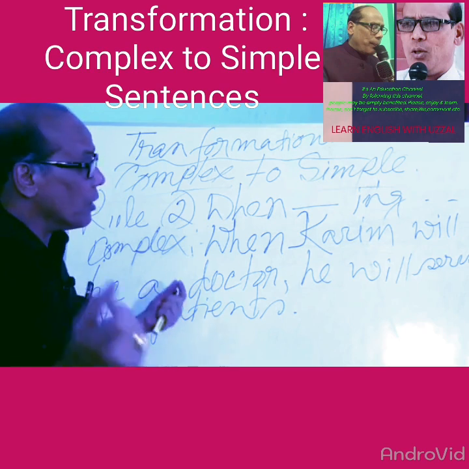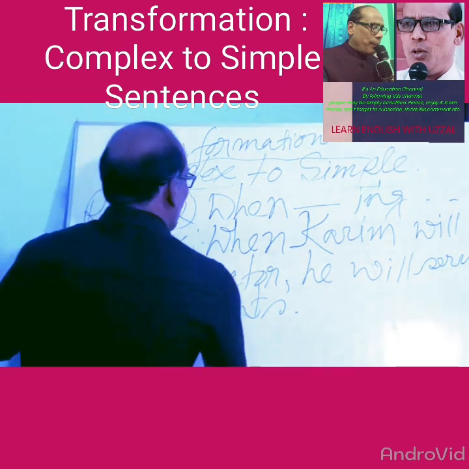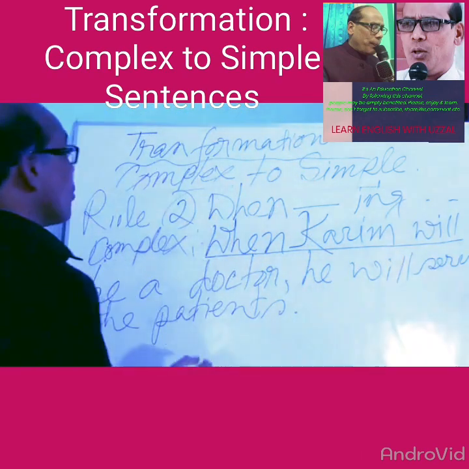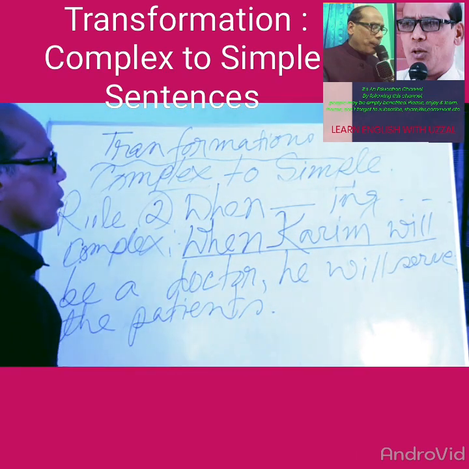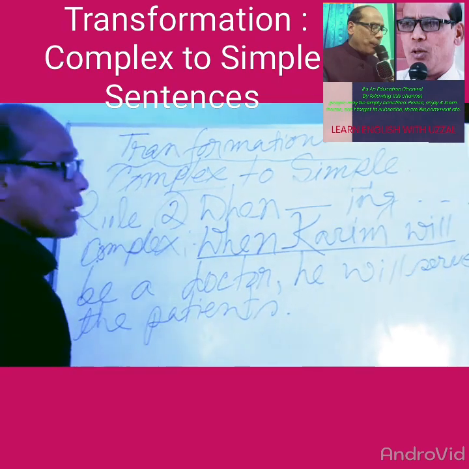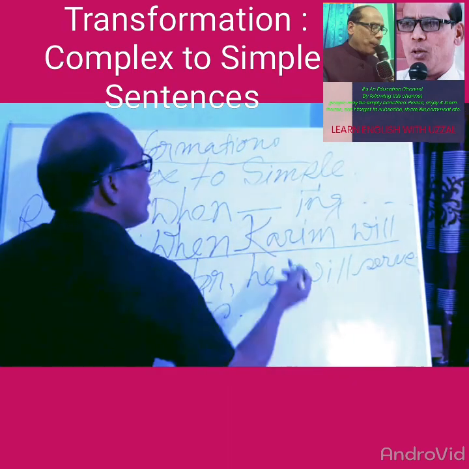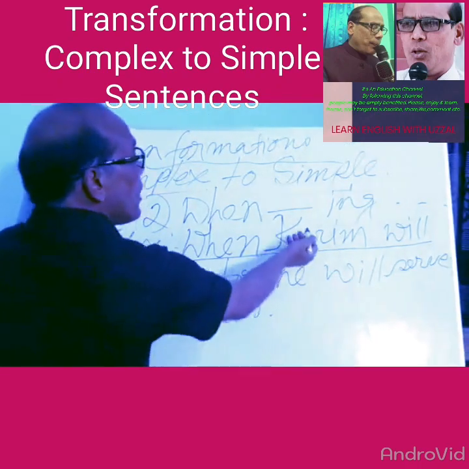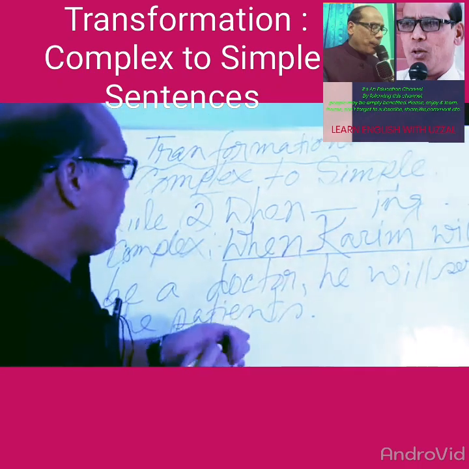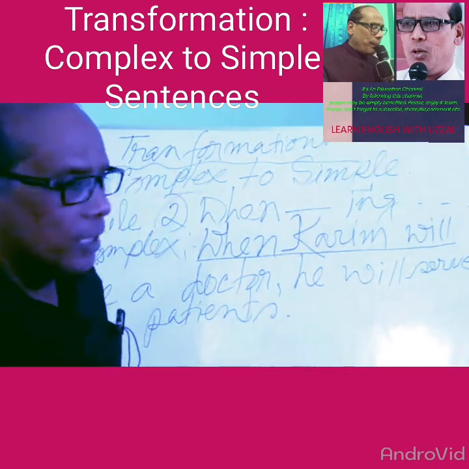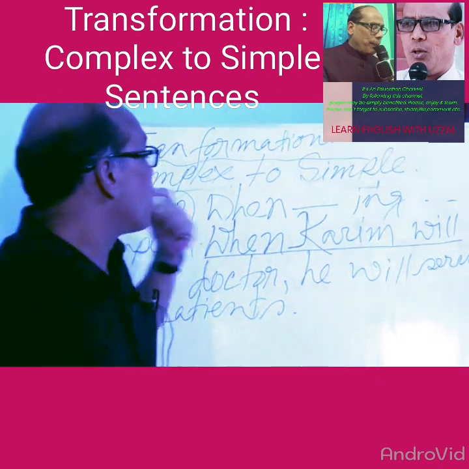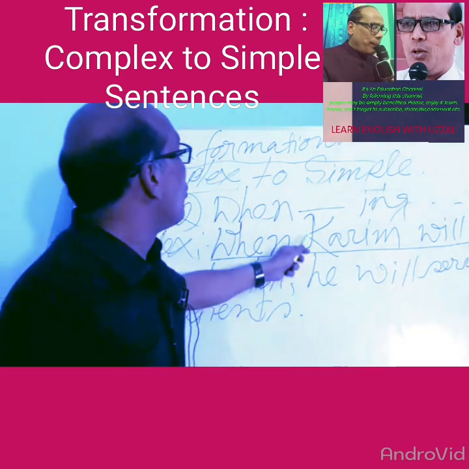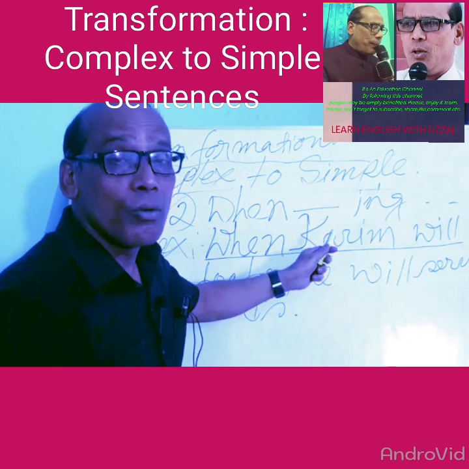Here, dear learners, you see, we know that we'll have to change the subordinate clause. That means, when Korim will be a doctor, he will serve the patients. We'll have to change this. We'll have to omit the subject. But here is a problem. The subject is a noun, Korim, in the subordinate clause, and a pronoun is the subject of the main clause. Korim is a noun.